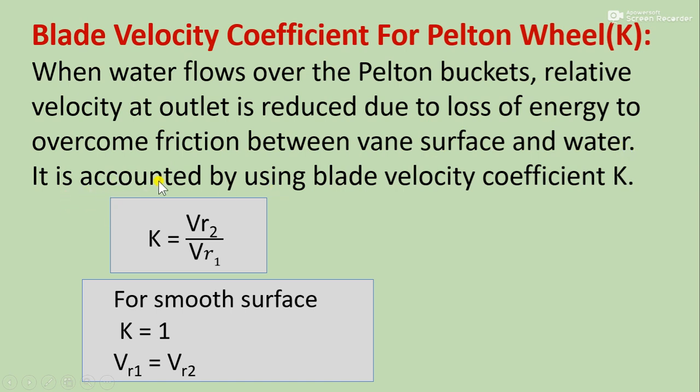This is accounted by using blade velocity coefficient K. So K is ratio of relative velocity at outlet to relative velocity at inlet. When the surface of vane is smooth, K is taken as 1. Means in this case relative velocity at inlet and outlet are same.